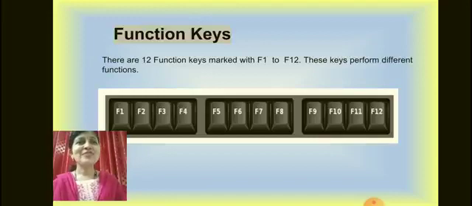Next key. What is this? Small buttons F1, F2, F3, and so on up to F12. These are called function keys. There are 12 function keys marked F1 to F12, and these keys perform different functions.